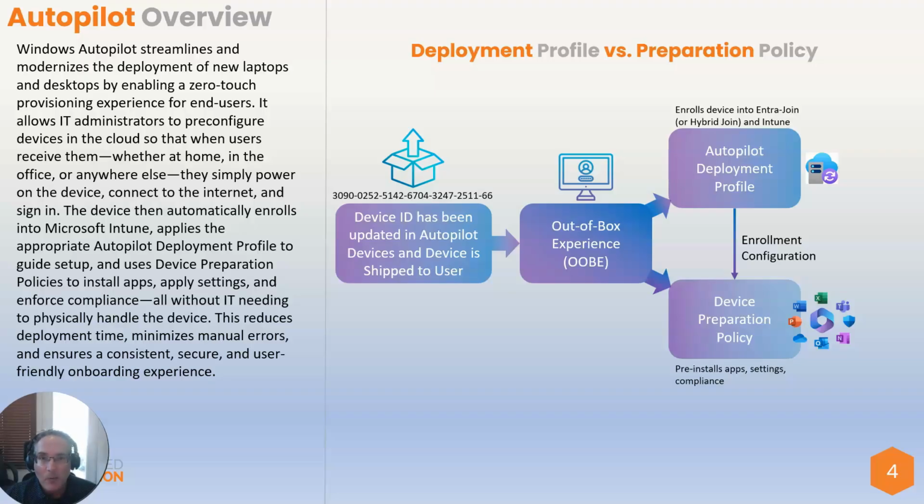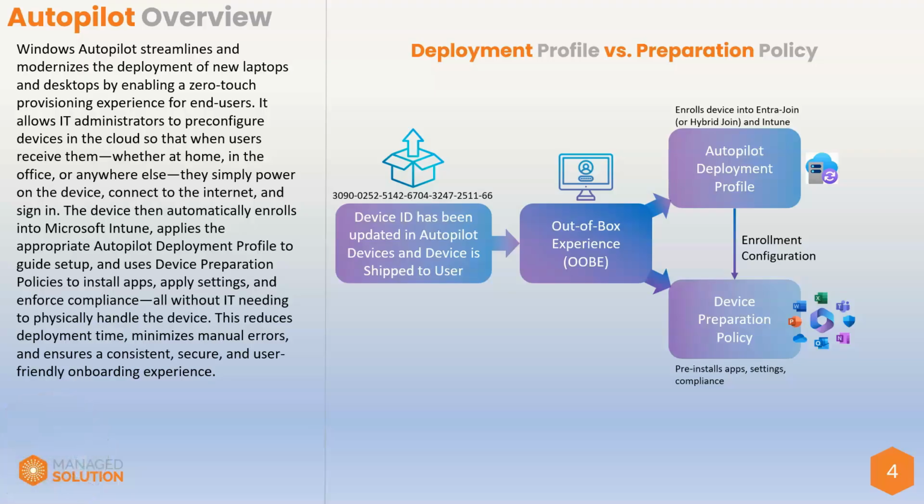They're going to sign in with their identity, and depending on how the Autopilot deployment profile is going to be captured, it would be either through an actual Autopilot deployment profile, or it might go directly through a device preparation policy. Either case, the goal is to enroll the devices using Autopilot so that the users can sign in with their ID and the rest of the configuration takes place, and then they should be up and running really within a matter of minutes.